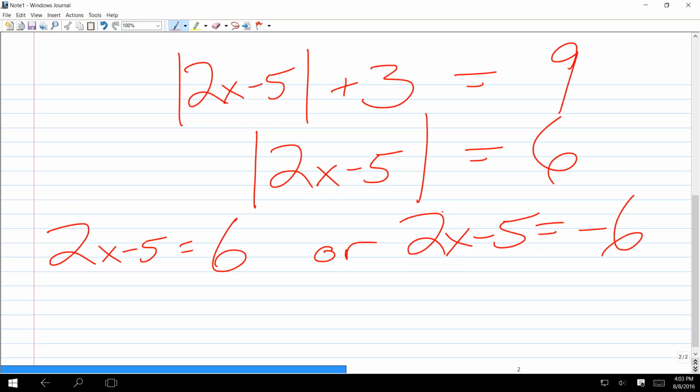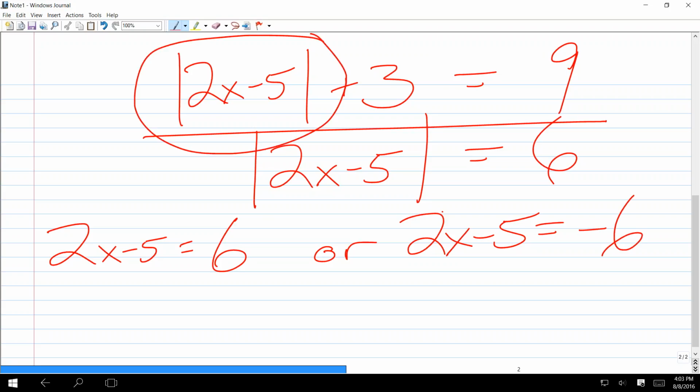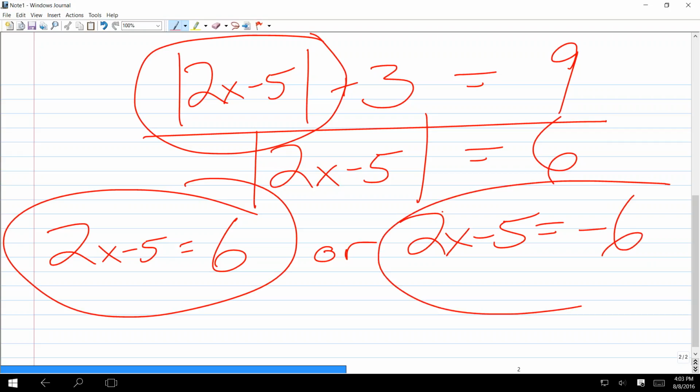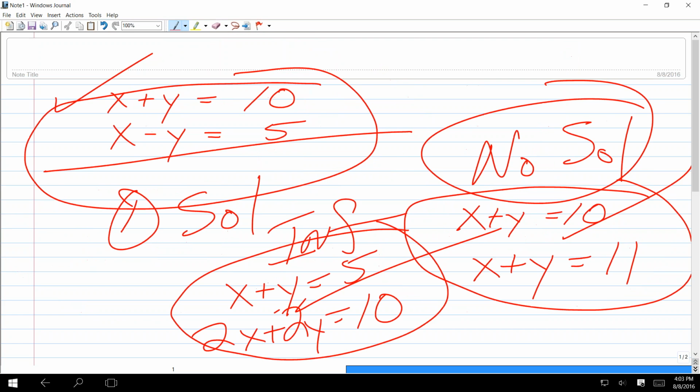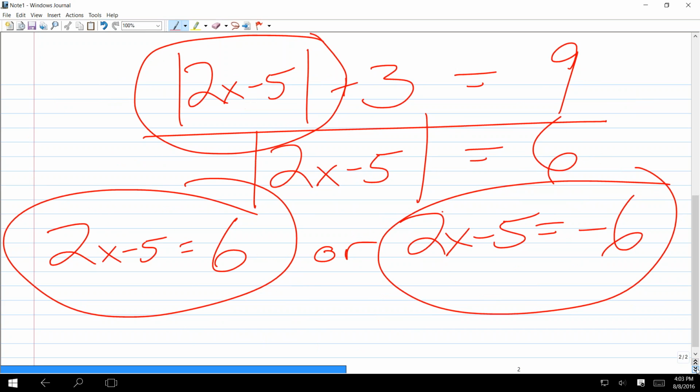That's fairly straightforward. Okay. Whenever you have absolute value equations, you want to isolate the absolute value, and then you want to use the or to come up with two different equations, and then you want to solve each one of them. Slightly harder.